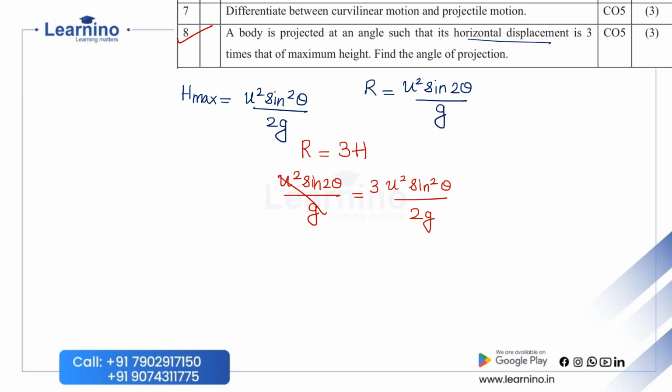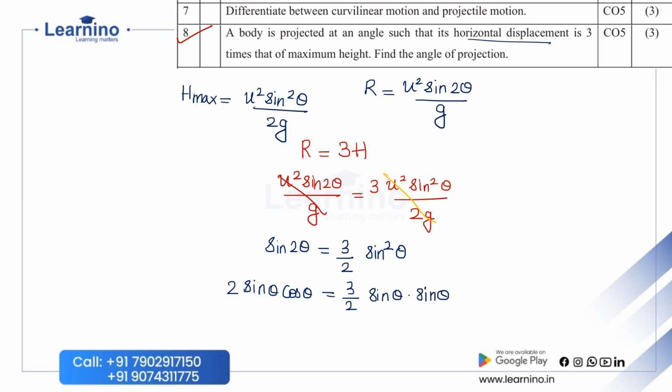Here on both sides u square by g is common, so we can cancel the u square by g and we will get sine 2 theta equal to 3 by 2 sine square theta, and sine 2 theta can be written as 2 sine theta cos theta, and 3 by 2 sine square theta I am writing as 3 by 2 of sine theta into sine theta, and on both sides we are having sine theta, we can cancel.